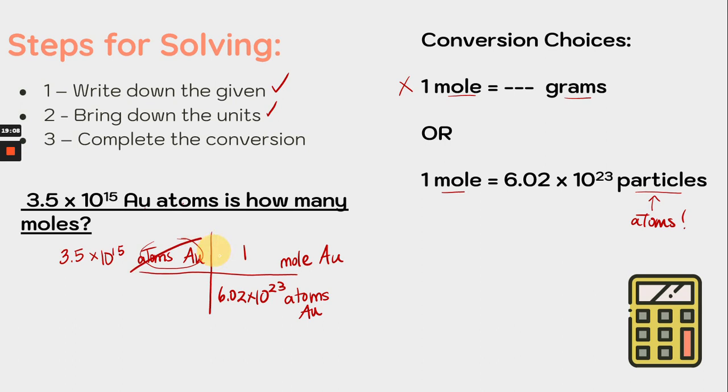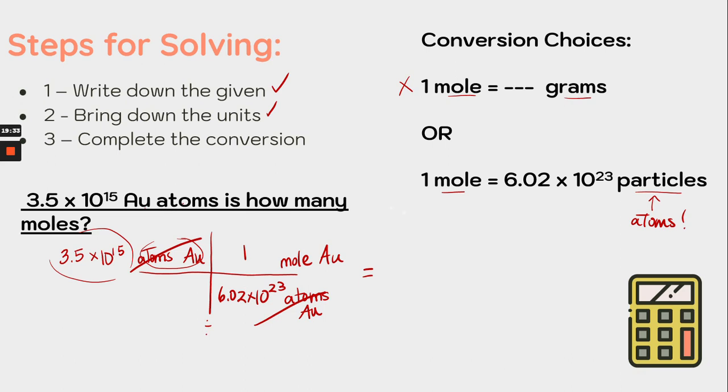All right, now let's talk calculator. This is in scientific notation. So when you put it in your calculator, you're going to put it in scientific notation. 3.5 E, whatever it is in your calculator, EXP, 15 times 1, then divided by 6.02 EXP, 23.